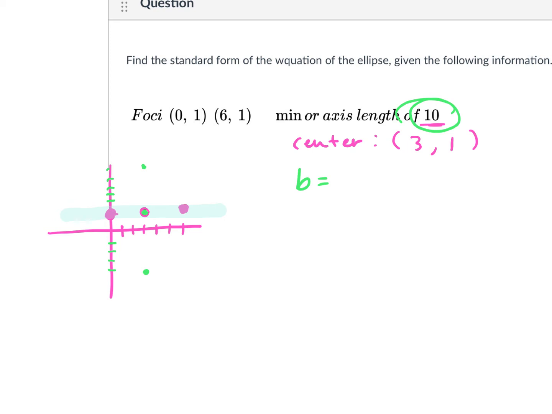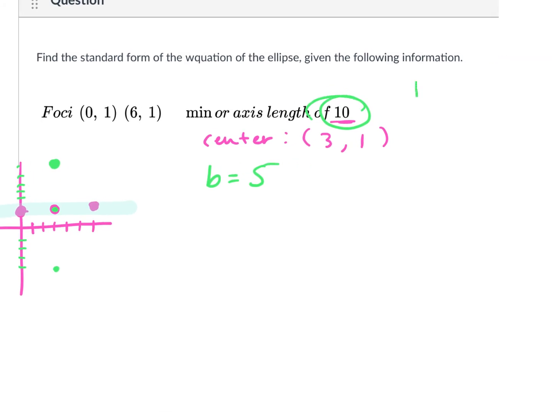What's the distance from the center to the minor axis? 5. Yeah. So B is equal to the minor axis divided by 2, and then A is equal to the major axis divided by 2.